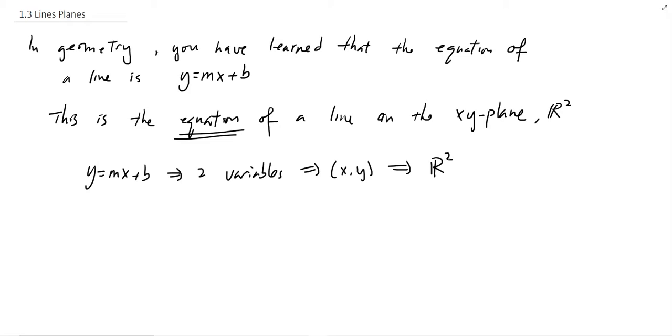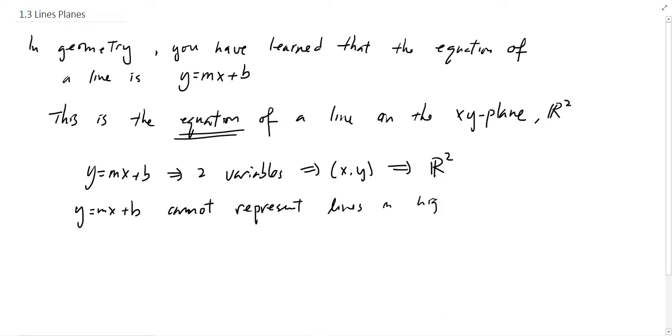It actually represents something different, as we will eventually learn in this chapter 1, as well as in chapter 2. So the problem is y equals mx plus b cannot represent lines in higher dimensions, such as R3 or higher.